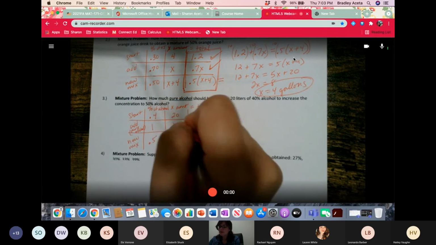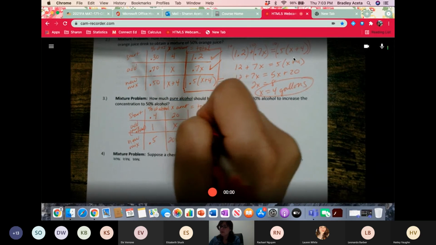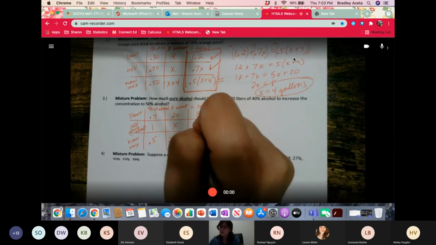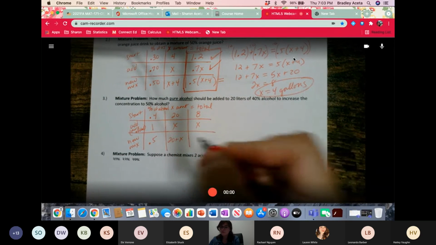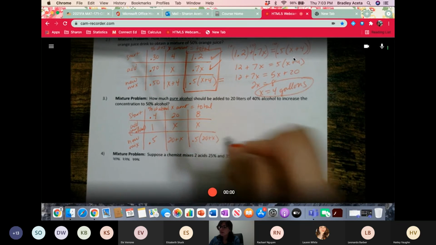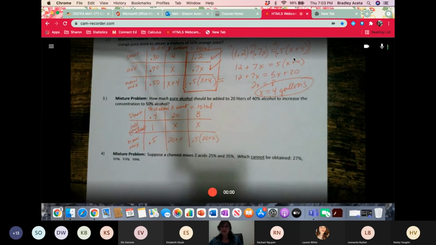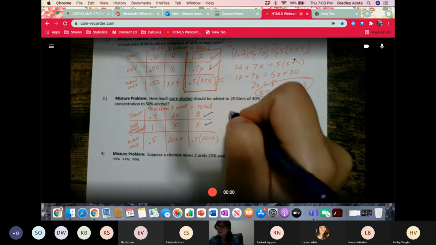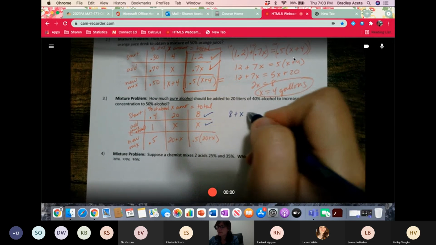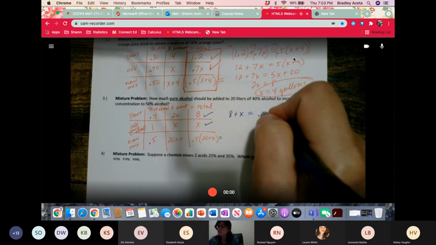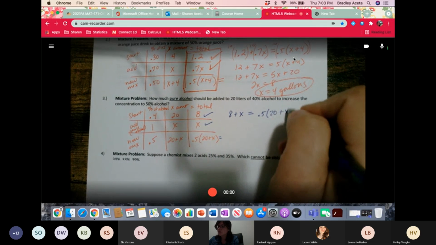So now multiply these together, multiply these together, multiply these together. So this would be 8. This would be x, or 1x. And this would be 0.5 times 20 plus x. And then again, your equation is these two together, 8 plus x equals that one, 0.5 times 20 plus x.